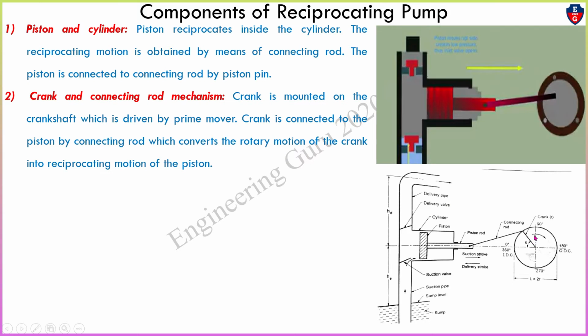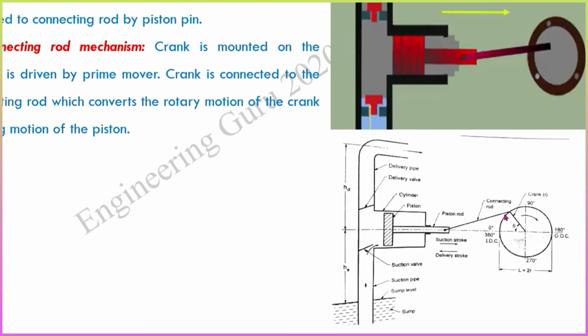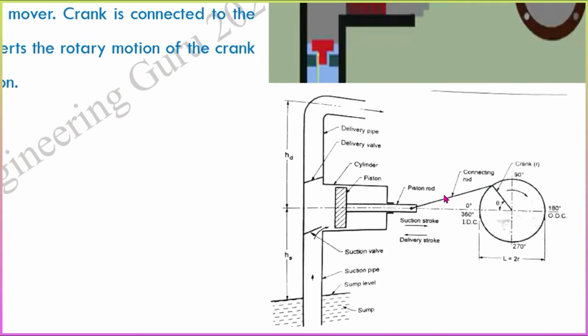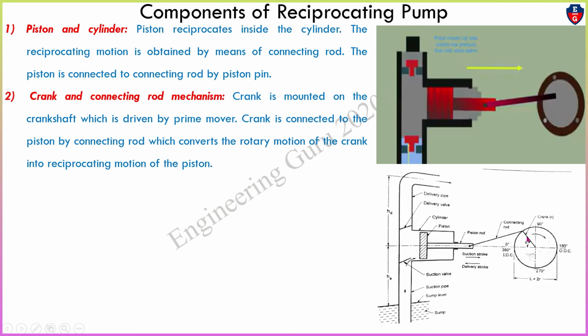Whenever this crank rotates, like from 90 to 180, the crank attached with the connecting rod by means of piston pin will move like this, and this crank motion is rotation. So that converts into this reciprocating motion. So that's why it is called reciprocating motion.